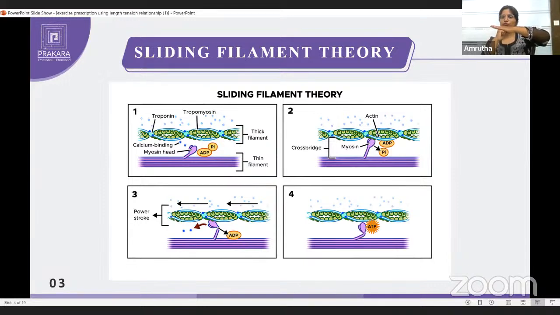Once the cross bridge is formed, the power stroke happens, and the actin moves from point A to point B. This is nothing but two filaments in the sarcomere sliding against each other, hence the name sliding filament theory.